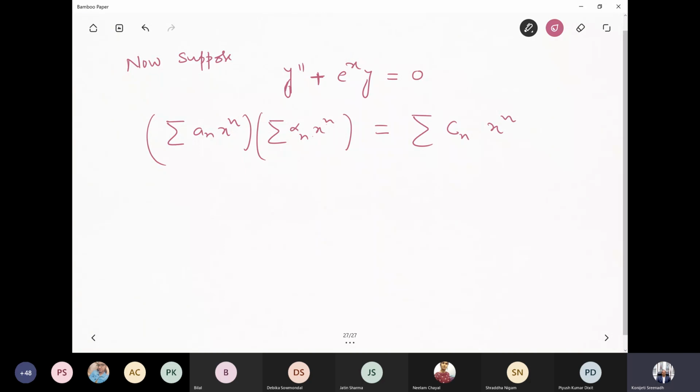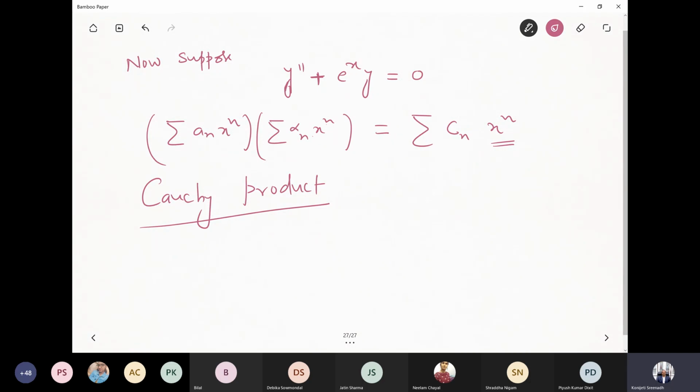Because y double prime will be in the form of a_n n(n-1) x^(n-2), I need something in the form of x^n. Such a product of series is called the Cauchy product.